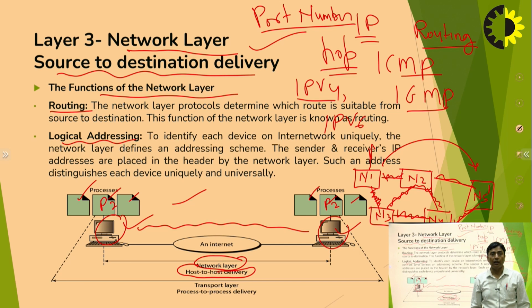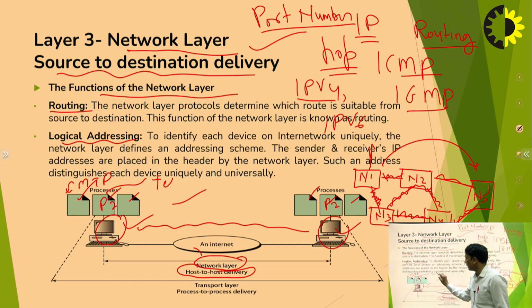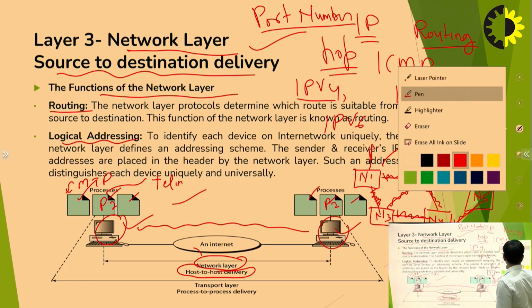For example, suppose P1 is busy in SMTP service, simple mail transfer protocol. P2 is in Telnet or in FTP, file transfer protocol.